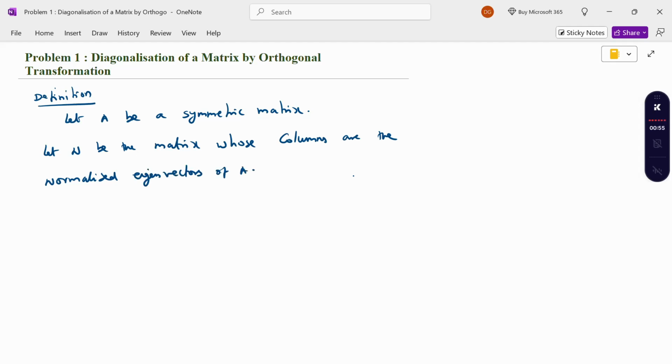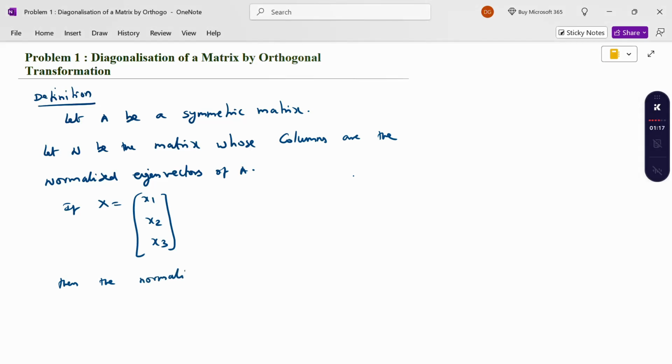If we consider x is an eigenvector, x1, x2, x3, then how to find the normalized vector of x? We denote the normalized eigenvector by x bar.